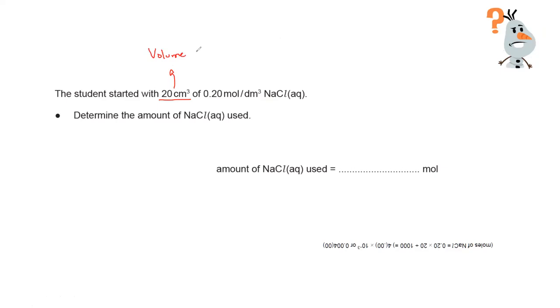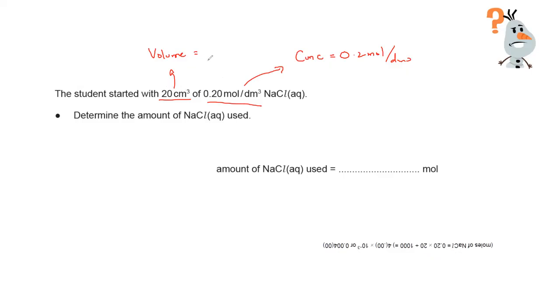So this is a volume, which is 20 cm cube, and 0.2 mole per dm cube is the concentration. So the concentration is 0.2 mole per dm cube. But in most questions, the volume is given in cm cube, so you have to convert into dm cube.